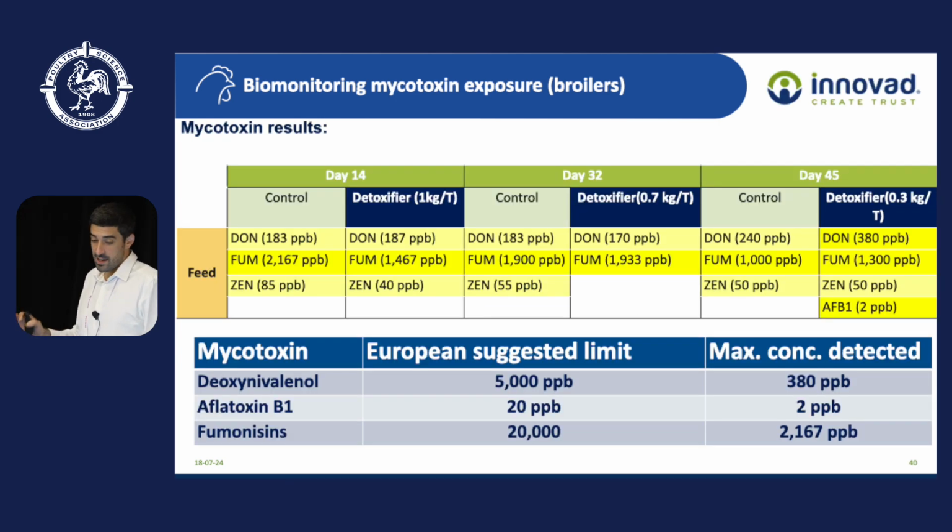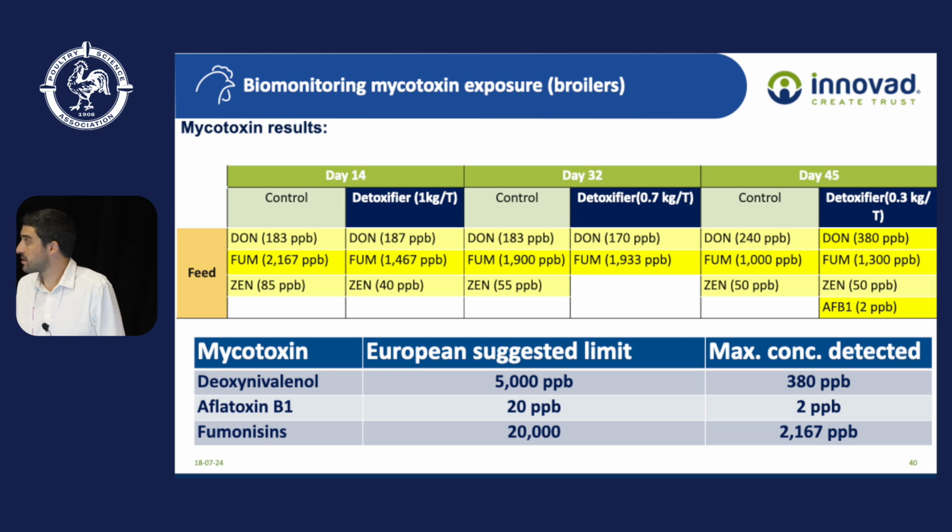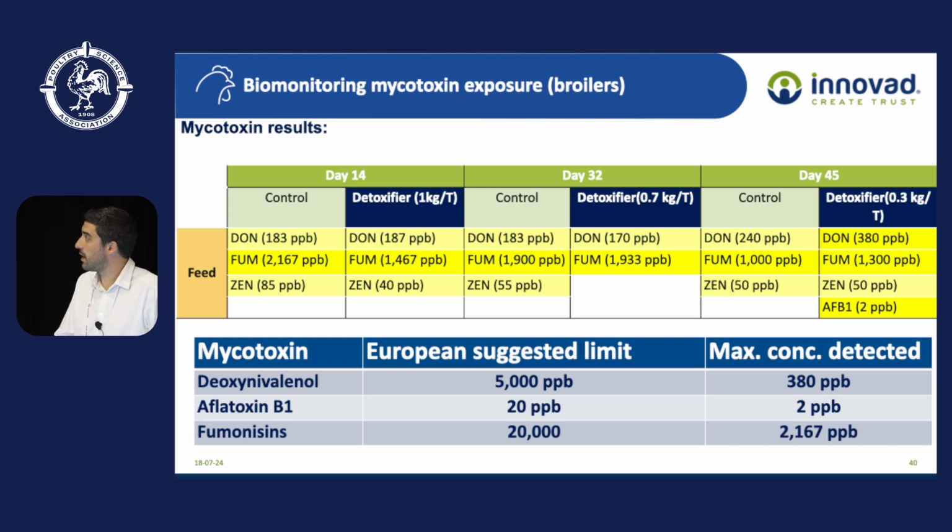And first of all, we analyzed the feed. So here we can see the feed results at the end of each stage for the control and the group consuming a detoxifier. We analyzed the feed for 16 different mycotoxins, but we only detected 3 or 4 mycotoxins. The results are in yellow because the levels detected do not suppose a high mycotoxin risk for broilers.